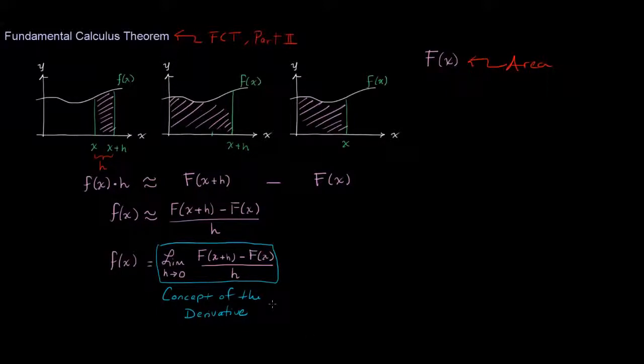So basically what we can conclude from this process is that f of x will be equal to big F prime of x. If we take the derivative of this function that calculates the area between f of x and the x-axis, you will get back to the actual f of x where you started.